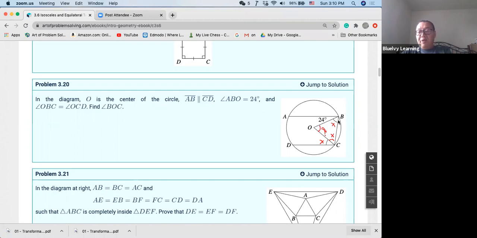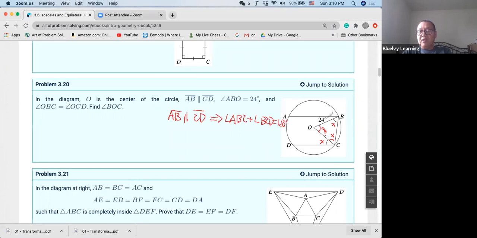Say AB is parallel with CD. From this, we can get angle ABC plus angle BCD should equal 180 degrees.